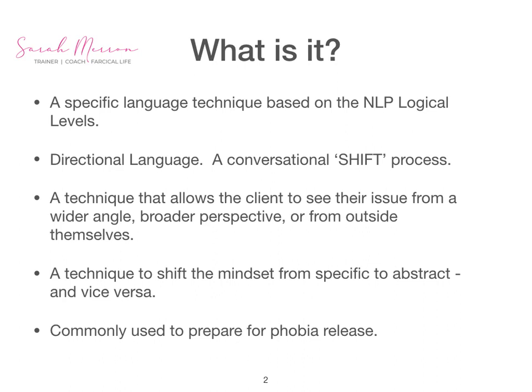The 4Ws plus how are direction down, what's the purpose, what's the intention is direction up, and then we've got lateral chunking, which is what else is that. So it's directional language and directional conversational shift that allows us to explore a different level of the client's thinking with them to allow them to find solutions.